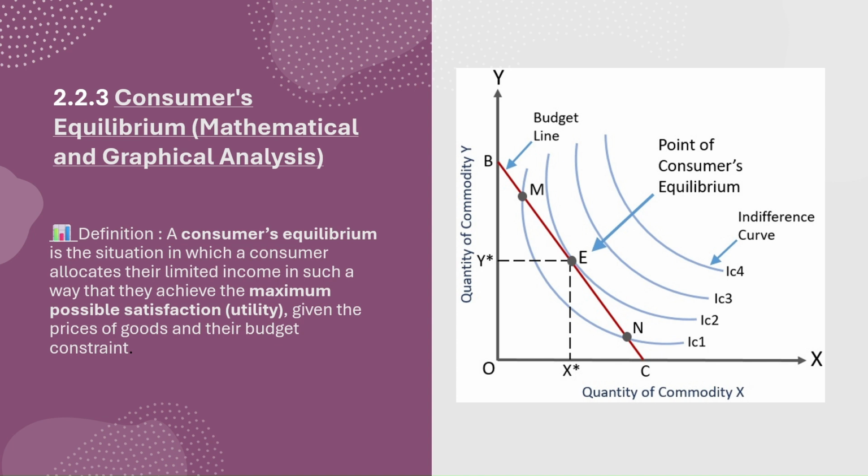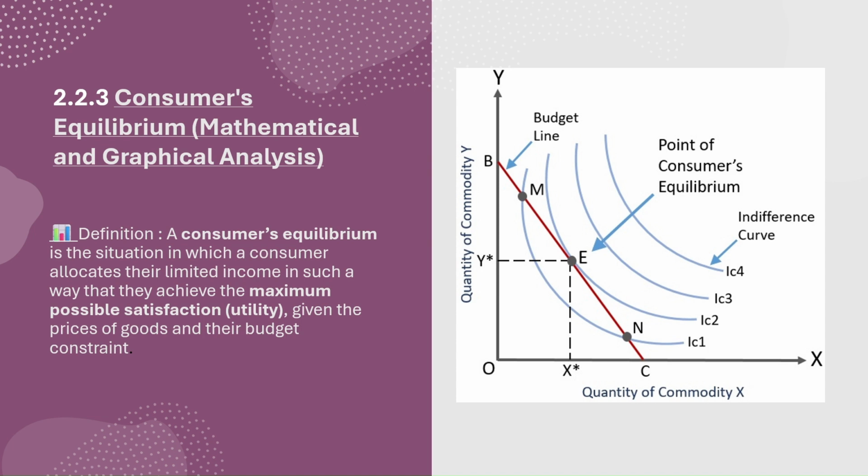If we look at the graph, we will see that the budget line intersects the indifference curves in 3 points, in point M, point E, and point N. All of these points could be the consumer's equilibrium, but why are we picking point E?